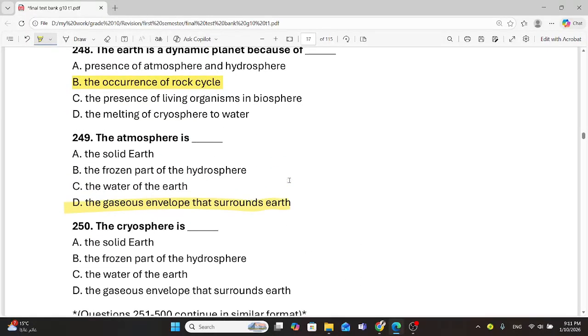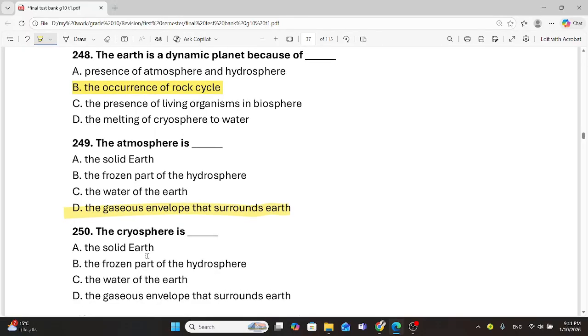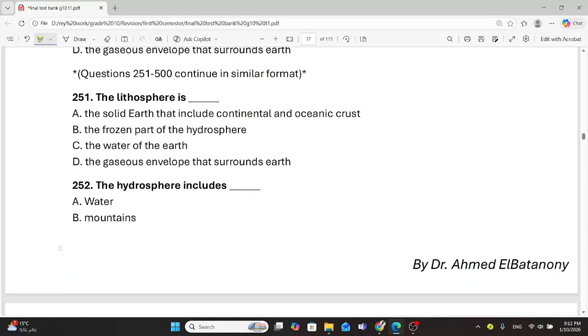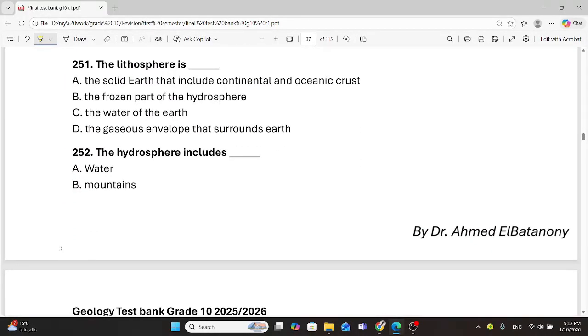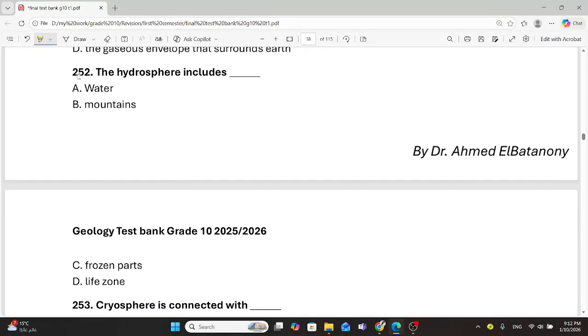Cryosphere: is it the solid earth, or the frozen part of the hydrosphere, or the water of the earth, or the gaseous envelope that surrounds the earth? No, the cryosphere is the frozen part. The lithosphere is the solid earth that includes continental and oceanic crust. The hydrosphere includes water, frozen parts, and the life zone. Of course, water.